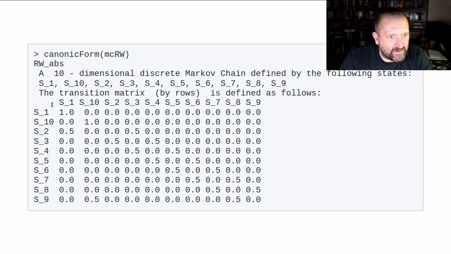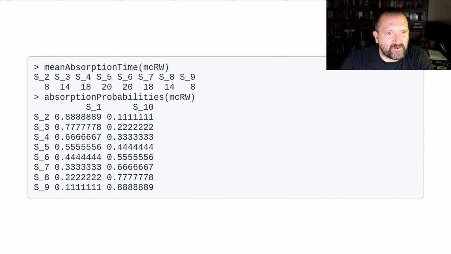And it's showing you what it's done with the transition matrix. So I have the identity here, below it my matrix R, and here I have the matrix Q. So it's done the partition.